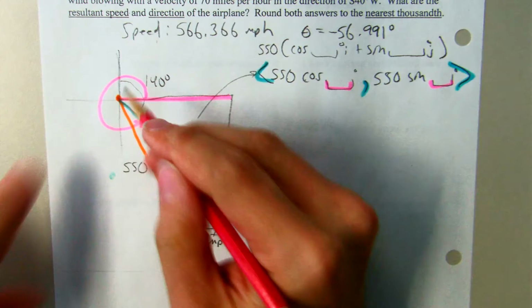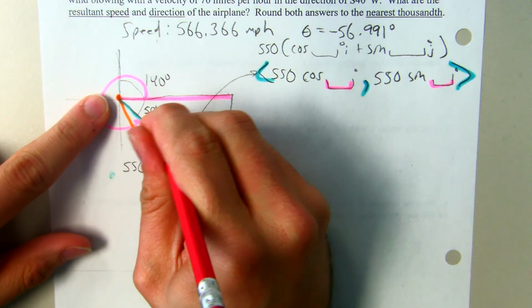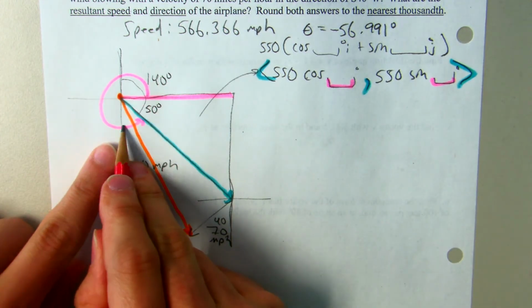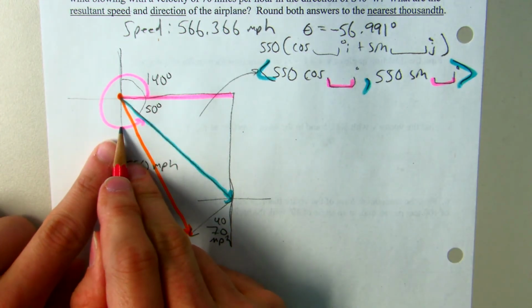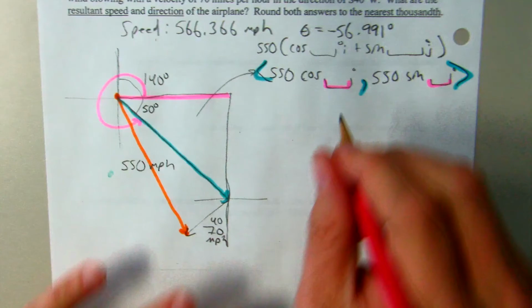Well, I know this is 140, and this much of it's 90, so this much of it's 50. So that angle was 90 plus 90 plus 90 would be 270, plus 50 is 320.